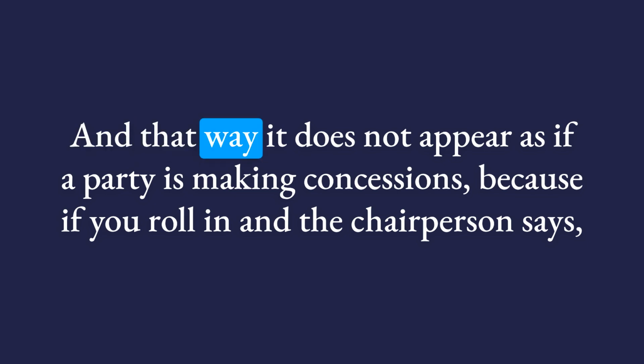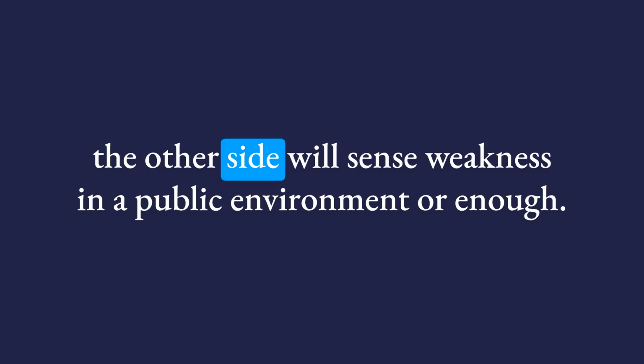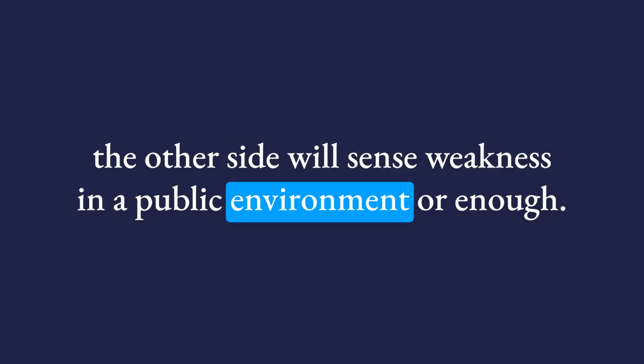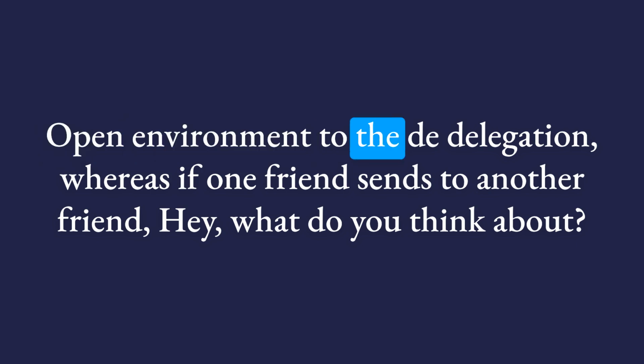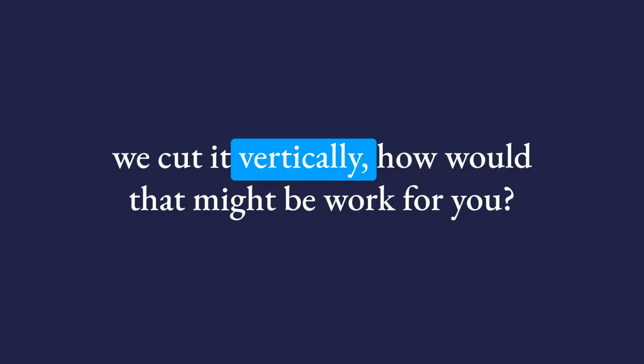And that way, it does not appear as if a party is making concessions, because if you roll in and the chairperson says, okay, now our expert on such and such is going to put forward some positions, and these positions are concessions, the other side will sense weakness in a public or open environment in the delegation. Whereas if one friend says to another friend, hey, what do you think about maybe if we split it this way, instead of cutting it horizontally, we cut it vertically, how would that maybe work for you?